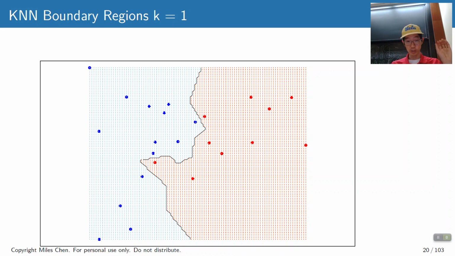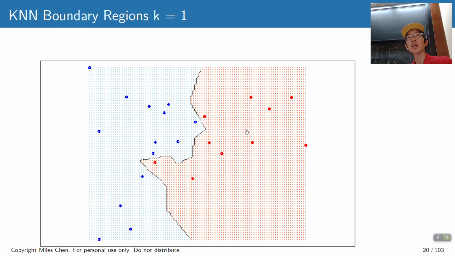With k equals 1, you have way too much variance. If we picked a different random set and didn't have this red dot here, then probably all of these points would get classified as blue. It really depends on what little random flukes of data you get. Maybe the true region is red over here and blue over here, but because of randomness, sometimes you get a little red dot over here.